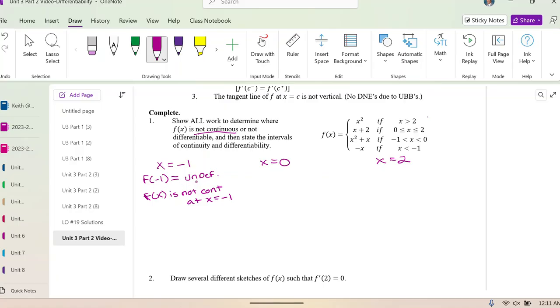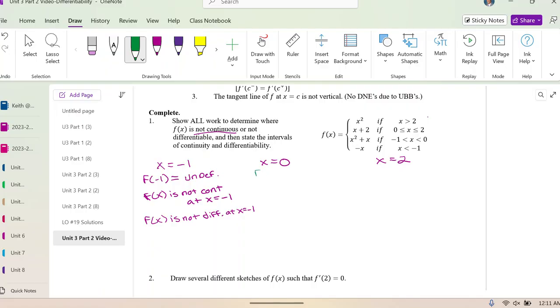But if the function value does not exist, it's not continuous. And if it's not continuous, it's not differentiable at -1. So we can move on to 0.